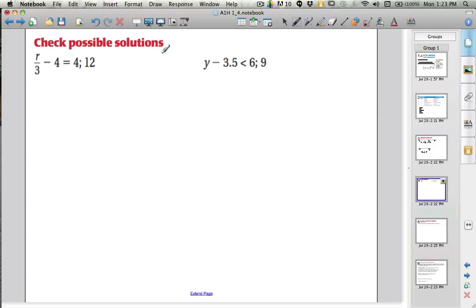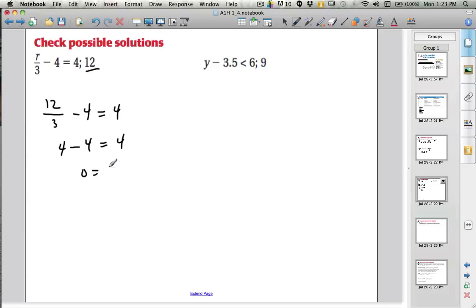Okay, if we want to check possible solutions, that means I'm going to take the supplied value, plug it in for my variable, and check to see if I get a true statement or an untrue statement. So if I have 12 divided by 3 minus 4 is equal to 4, well, 12 divided by 3 is 4. 4 minus 4 equal to 4.